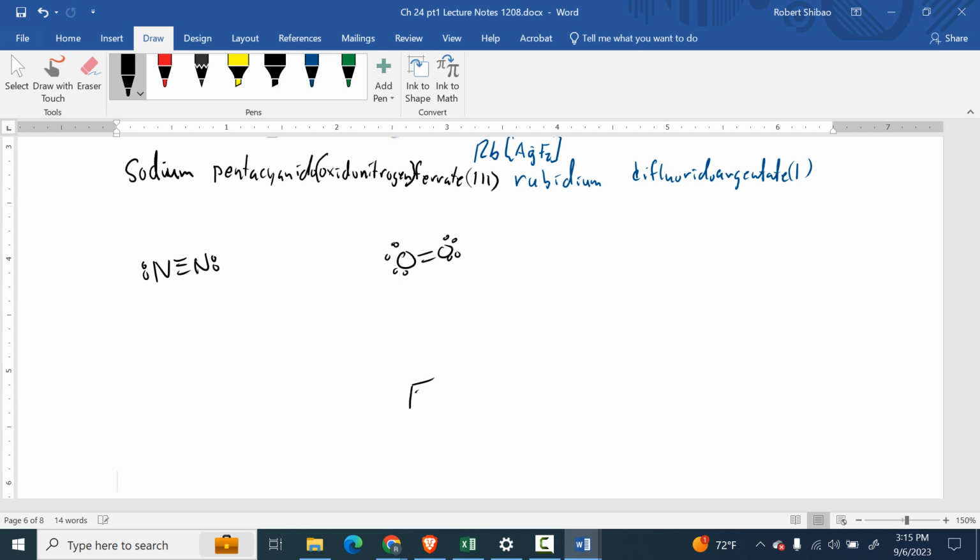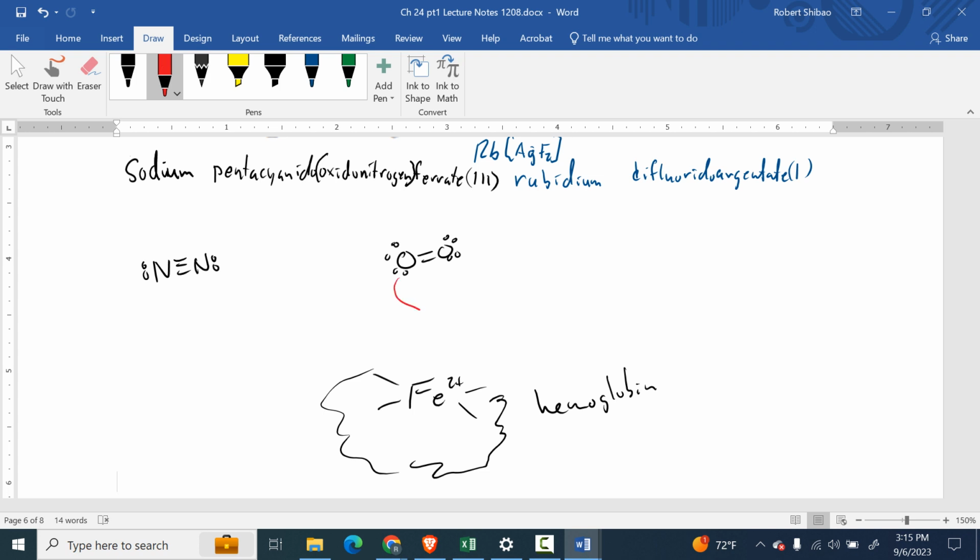And so it's not a great ligand. And so we have iron 2+ in hemoglobin. And what happens in hemoglobin is the oxygen binds to the iron 2+. It forms a coordinate covalent bond. Now, the coordinate covalent bonds aren't all equal in strength. This one happens to be fairly weak.